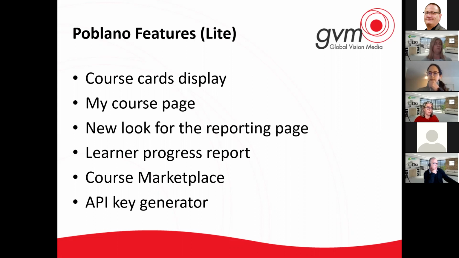It's an optional one which can be turned on. If you buy a course catalog from Go One, you can access it through this course marketplace. Also, an API key generator, which we use for different types of integrations with other systems and Blueprint. This allows you to generate a key, and the system admins can use that to connect to the integrations.